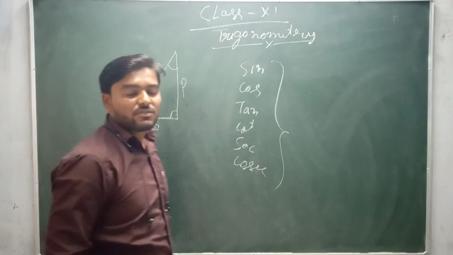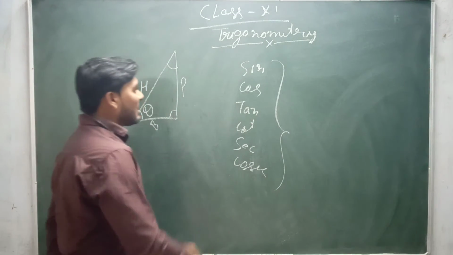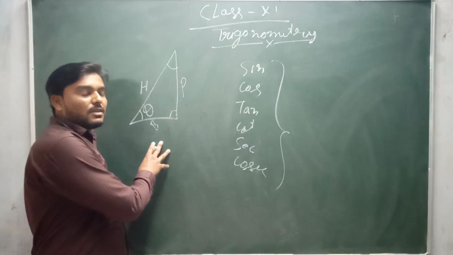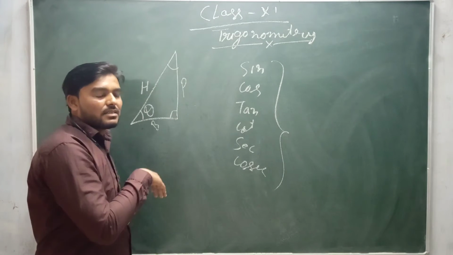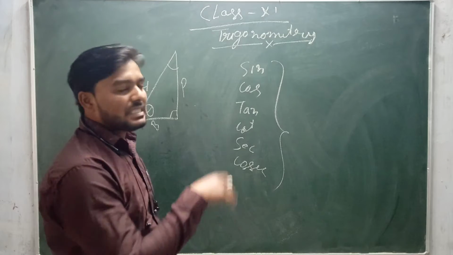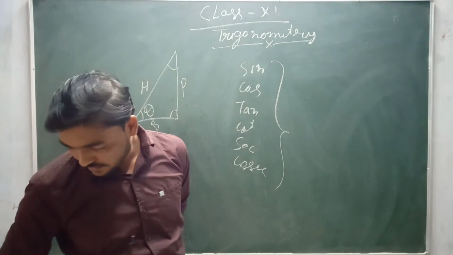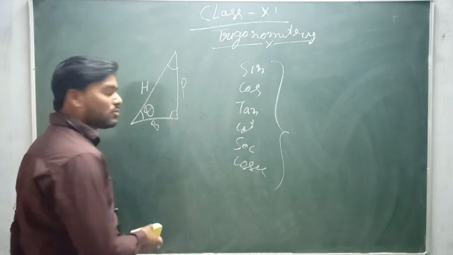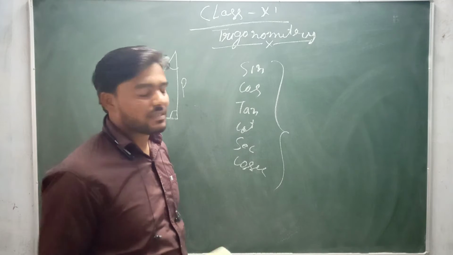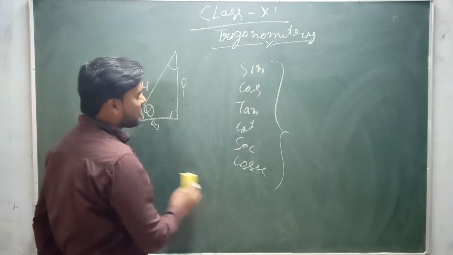These are the trigonometric functions. With the help of these, we can know correctly about the triangles. So we need trigonometry to know about the triangle completely with these trigonometric functions.